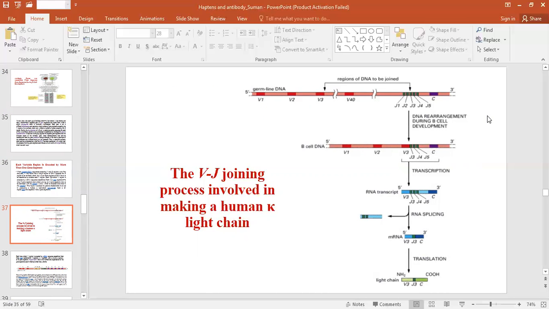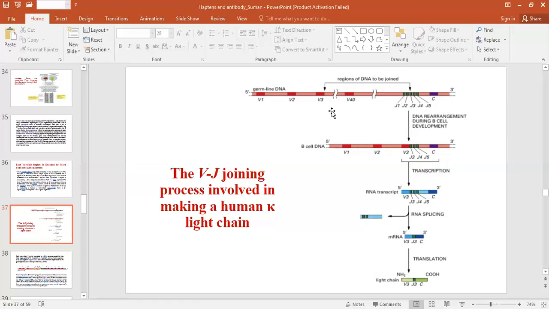Now you can see some portions, the regions to be joined, are joining. This section is excised or removed, and this portion is joined with the remaining segments.